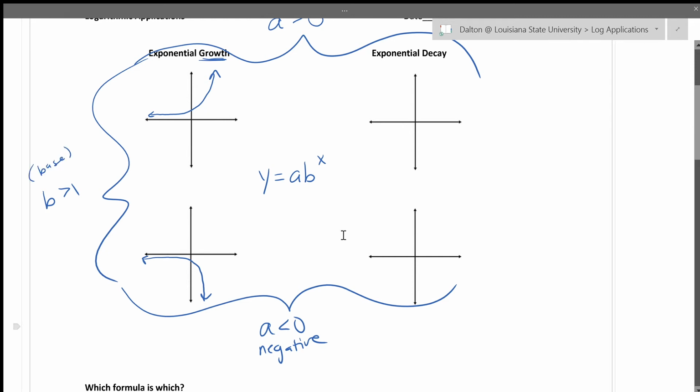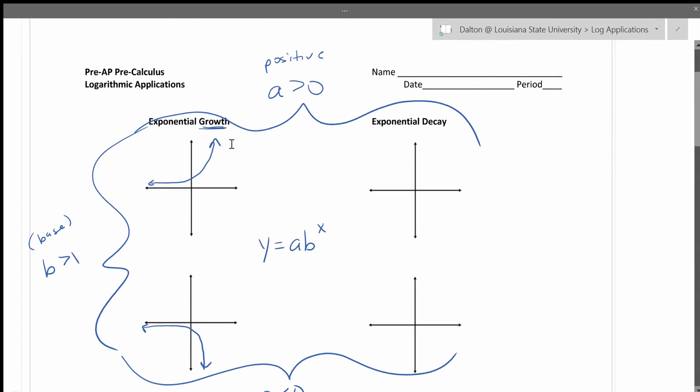Now, to fill in the missing pieces, exponential decay visually starts off really high and then does something like this. So essentially, it's our exponential growth function, but reflected over the y-axis. Now, instead of making something positive and negative, when it flips like that, our decay function happens because our base b value is between 0 and 1.